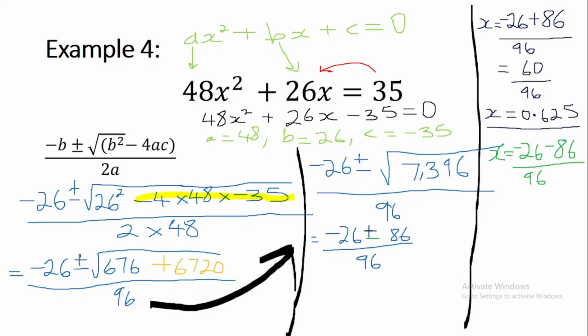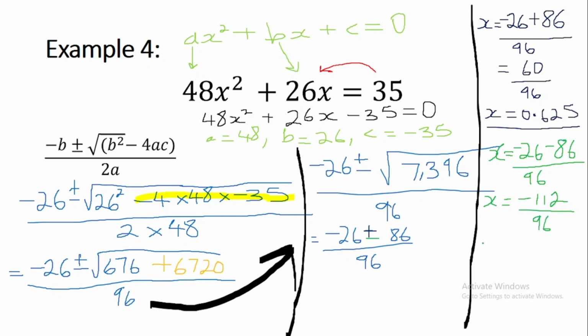Alright, so when you're subtracting a positive, that's going to be a bigger negative. So we're going to add a bigger negative. So we're going to have negative 112. So x is going to be equal to negative 112 all over 96.